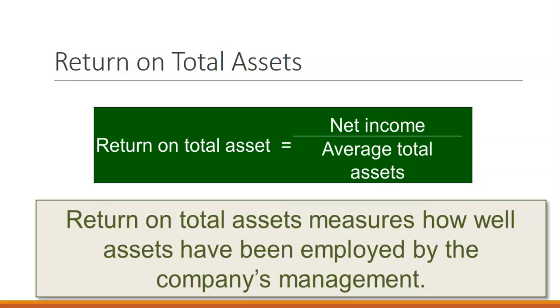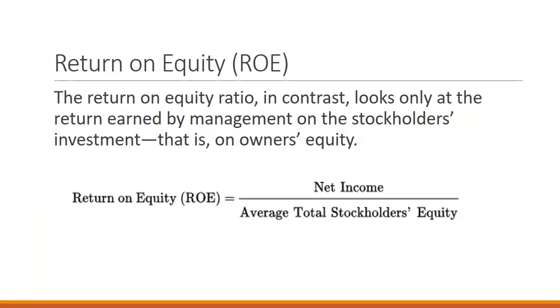So how well do we use our property, plant, and equipment in order to make money? Our return on equity just looks at the return earned by management on the stockholders' investment. So this is net income to average stockholders' equity, looking at what return on the income our stockholders are earning.